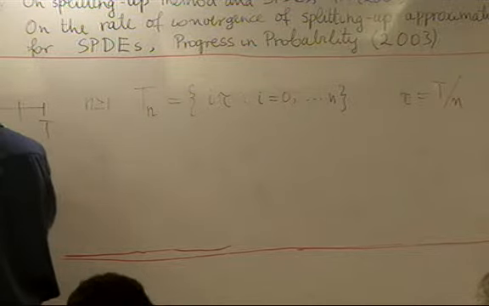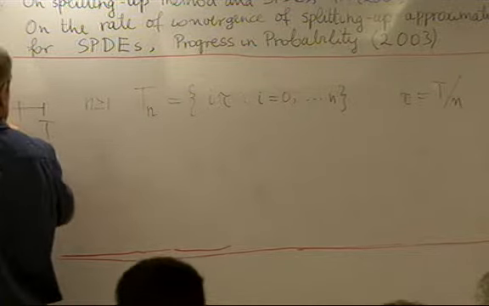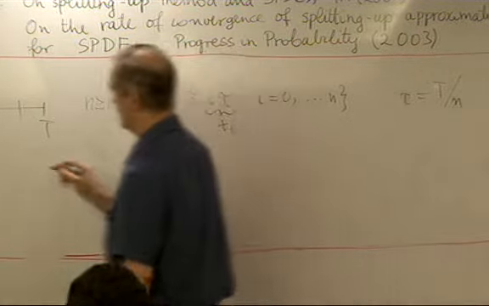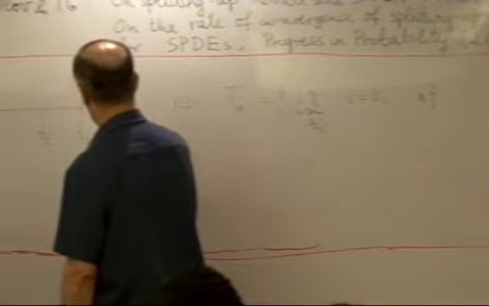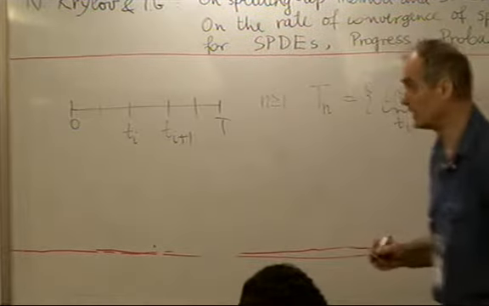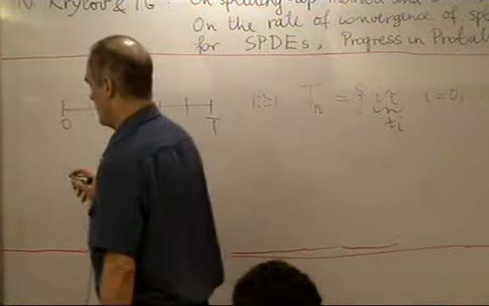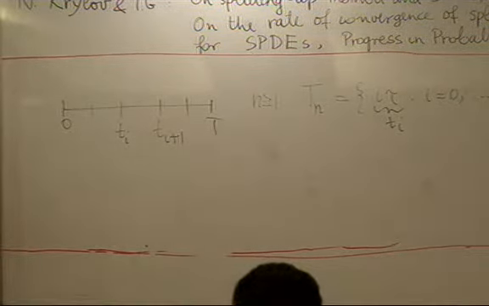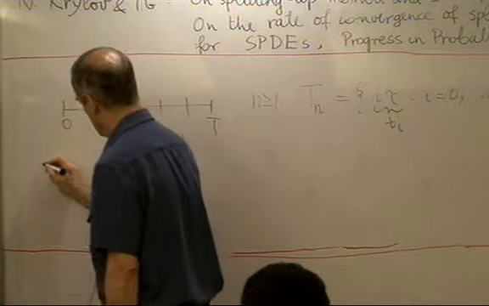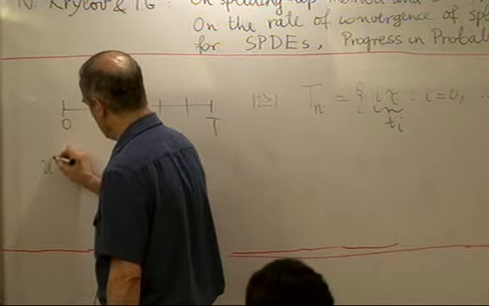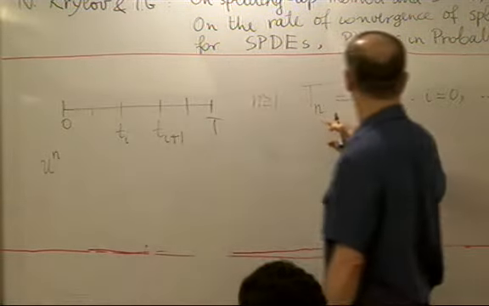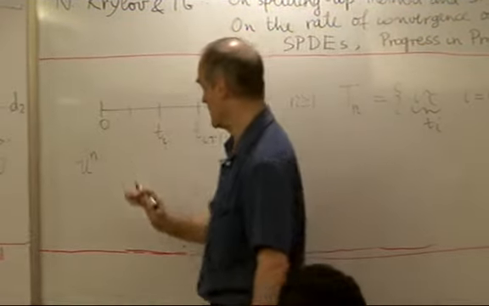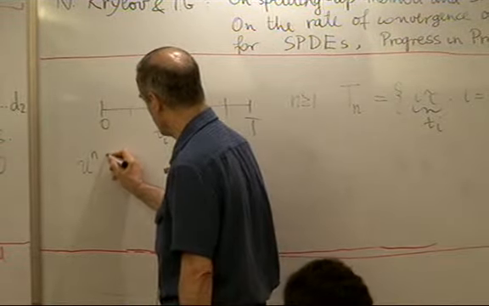Suppose here is the Ti point, and the Ti plus 1. Then recursively we can describe the method like this. Let u, here the n corresponds to this n, denote the approximation by the splitting up method.